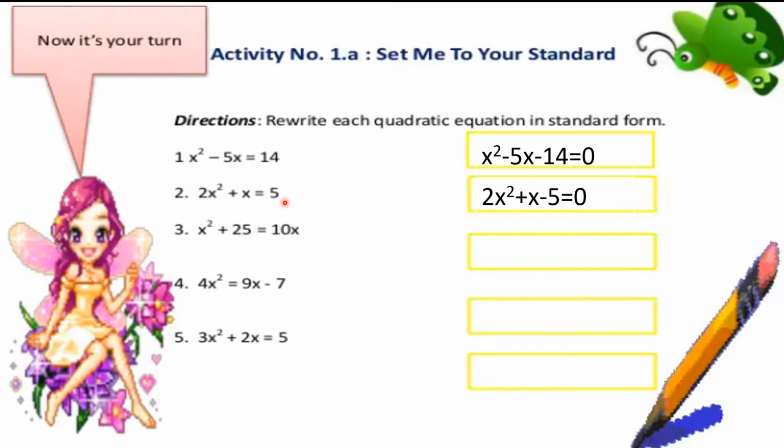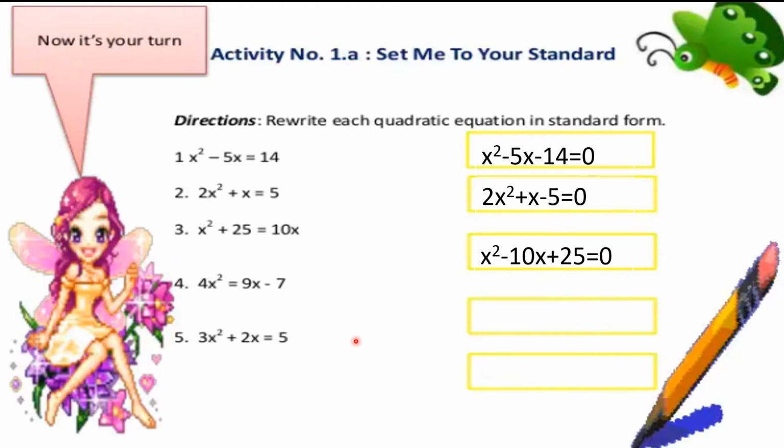Then, si 5, ililipat mo sa kabila, kaya siya ay magiging negative 5 is equal to 0. Then, number 3, si bx ang nasa kabila, siya ang ililipat mo, so magiging negative 10x. So, our answer is x squared minus 10x plus 25 equals 0.